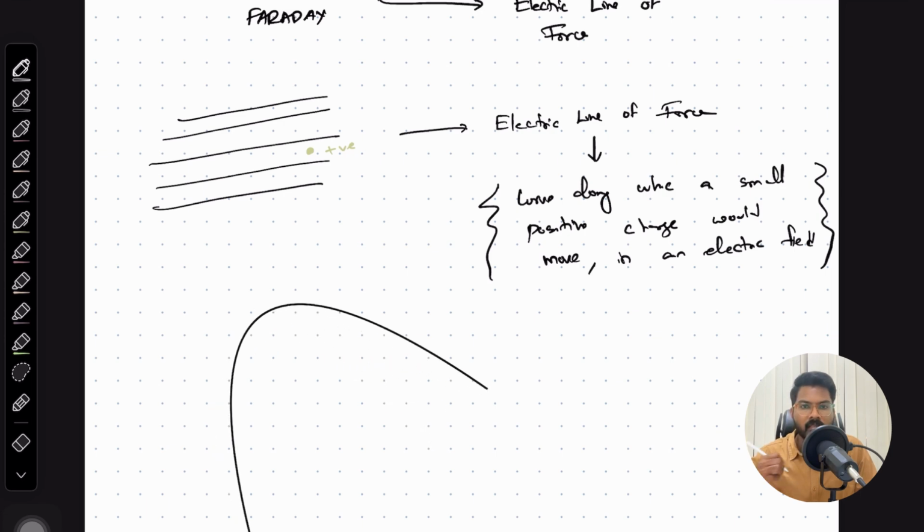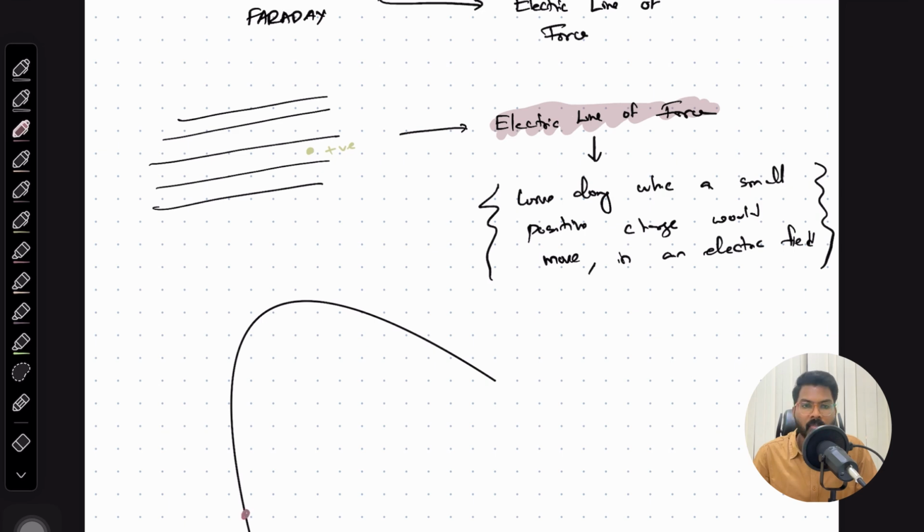So now let's say this is the kind of curve. If this curve represents an electric line of force, the tangent to this curve at every point shows the direction of the electric field. Now let's take three different points on this curve.